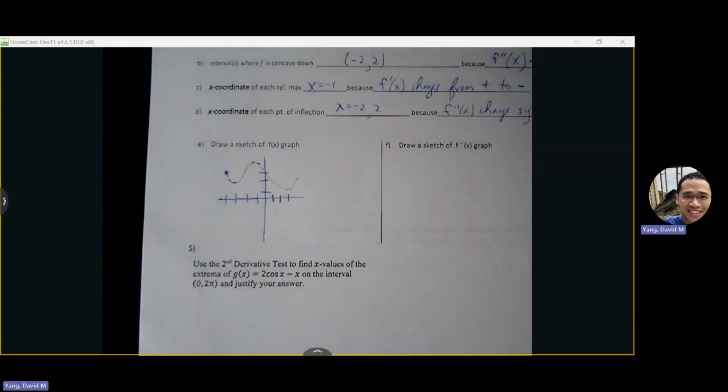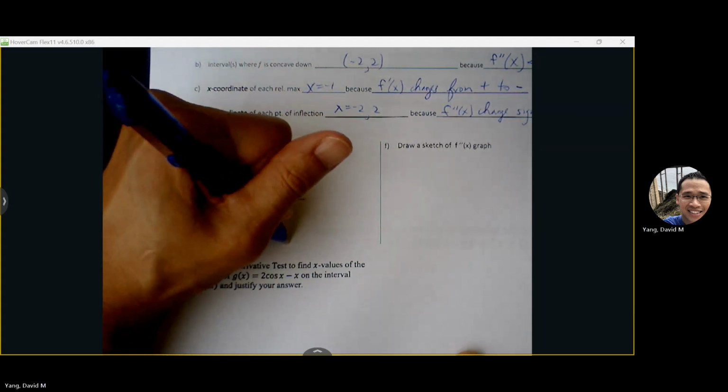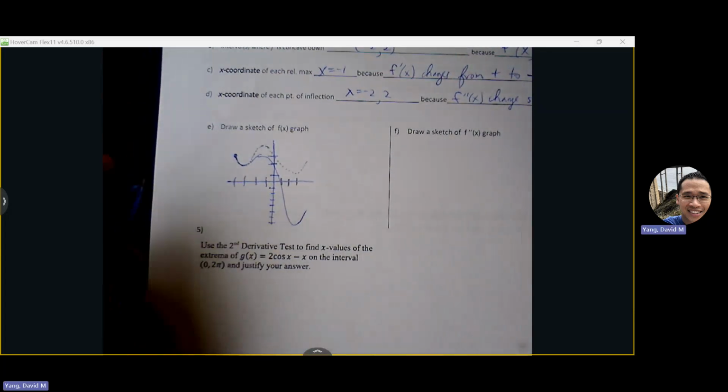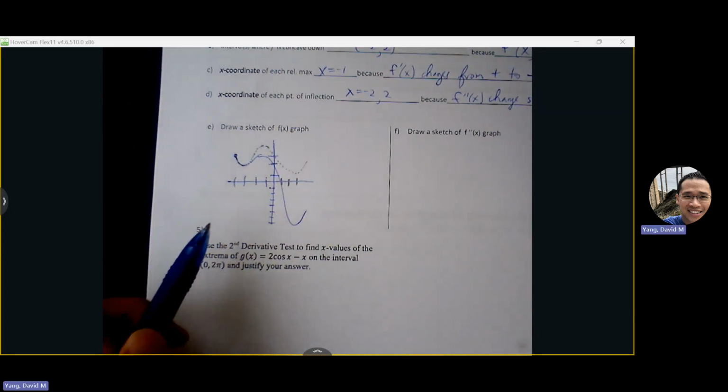So I'm just going to adjust it. If you have different versions on top of each other, that's fine. Maybe you start off using pencil or very lightly, and then from there you push and pull on the graph until it fits where it needs to be.